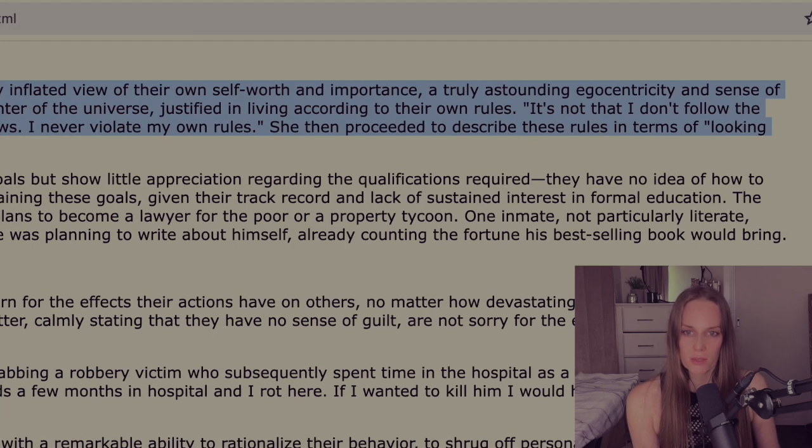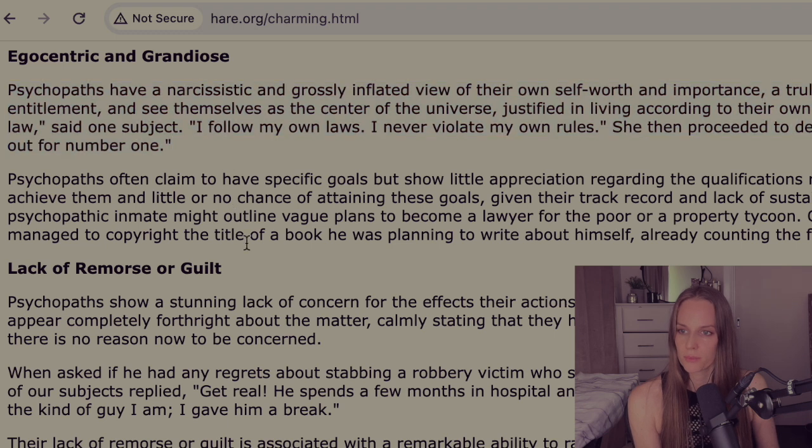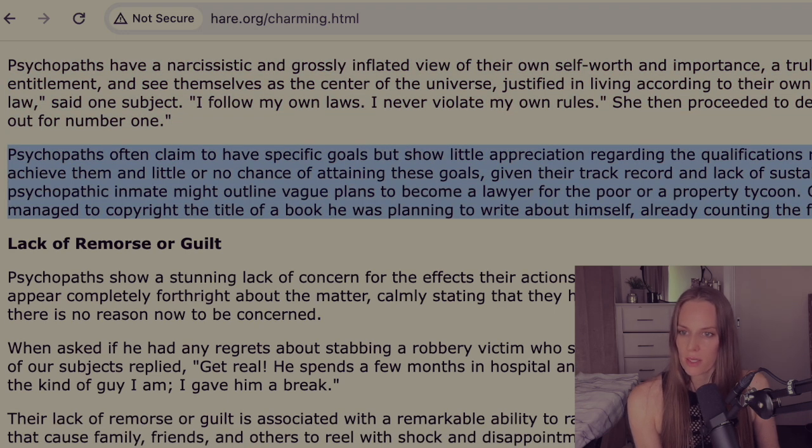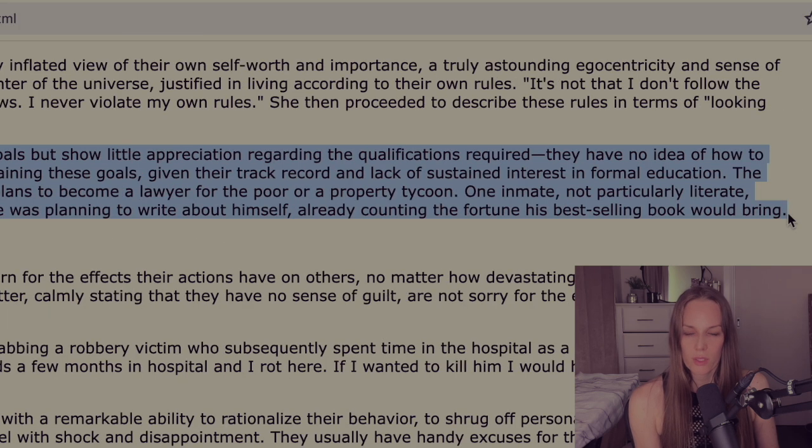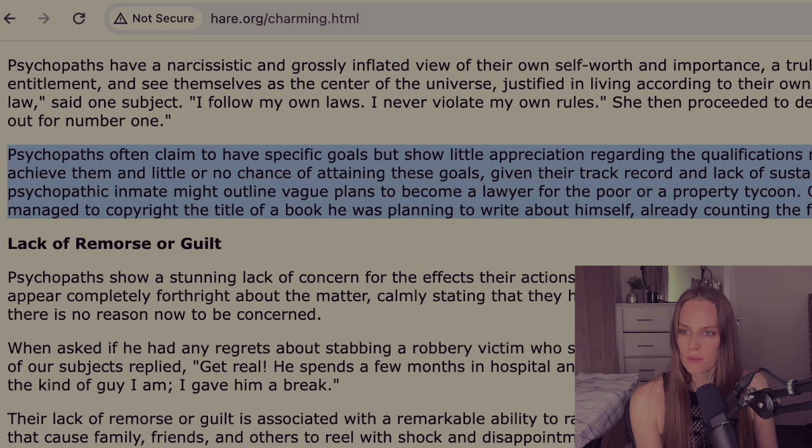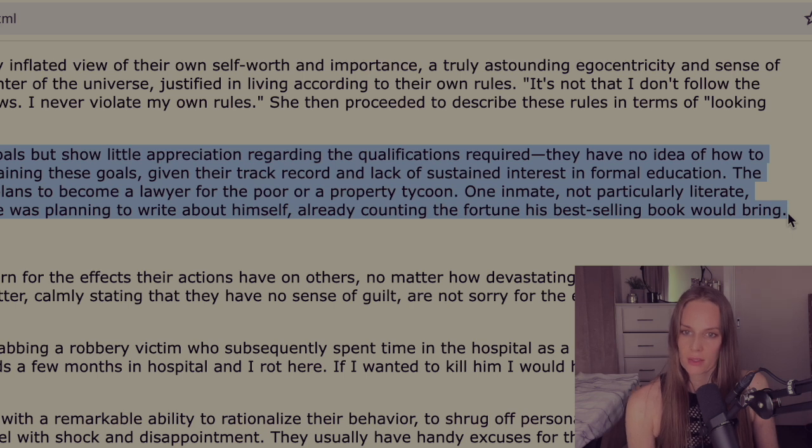She then proceeded to describe these rules in terms of looking out for number 1. Psychopaths often claim to have specific goals, but show little appreciation regarding the qualifications required. They have no idea of how to achieve them and little or no chance of attaining these goals, given their track record and lack of sustained interest in formal education.